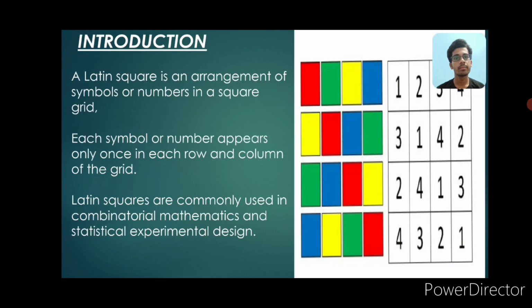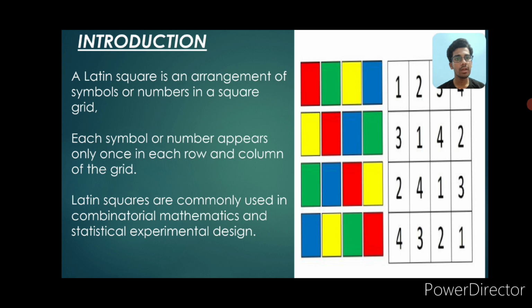For the beginning, introduction of Latin square design. A Latin square is an arrangement of symbols or numbers in a square grid. The arrangement of symbols or numbers in a square grid sequentially is known as a Latin square design.